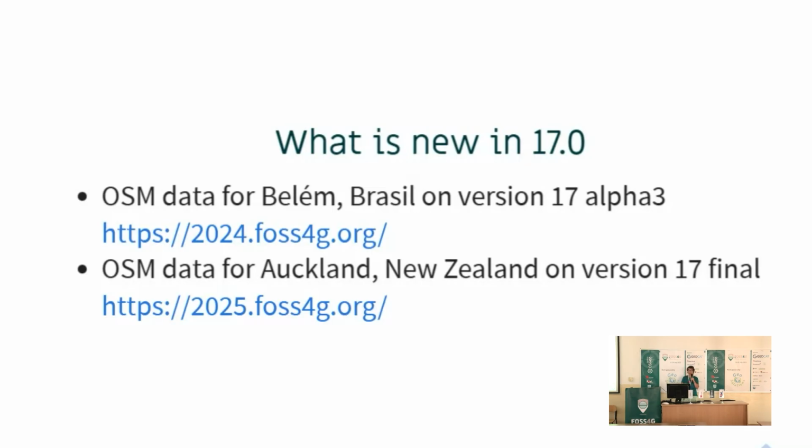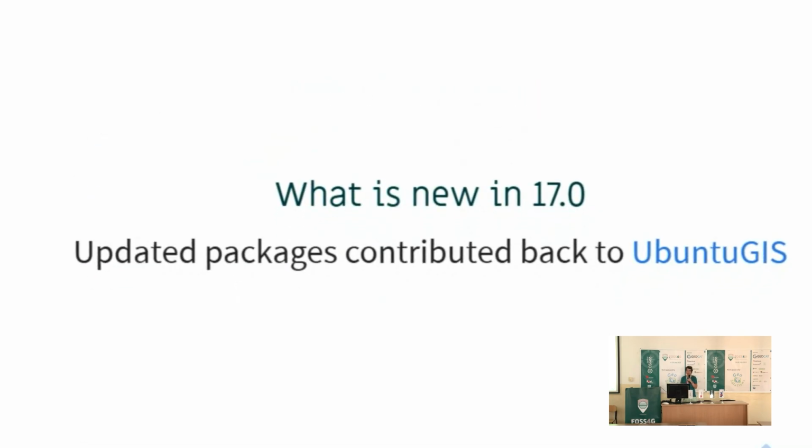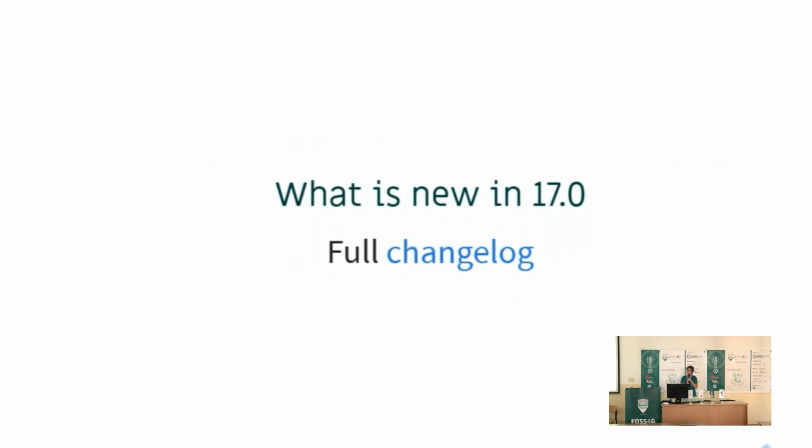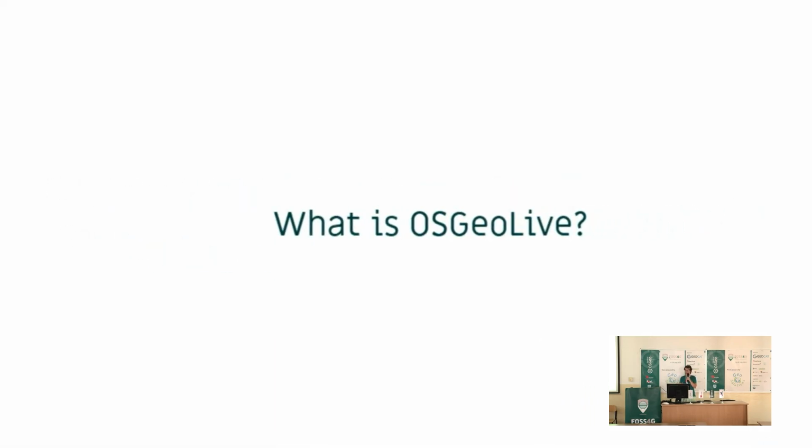Last year it was Belém in Brazil, and this year it will be Auckland, New Zealand. So then at the FOSS4GE, they can work with the data of that region. And one thing is also that the updated packages are contributed back to Ubuntu GIS. So if you use Ubuntu or Debian GIS, you profit from the work that we do. And here you have the full change log, have a look.